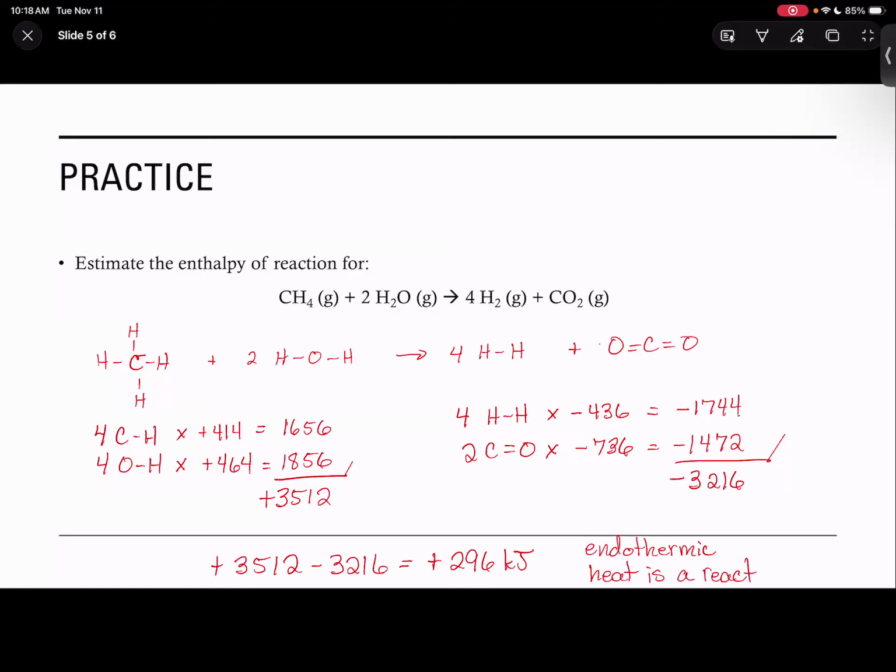We know this information because of the sign of our enthalpy of reaction. Questions?